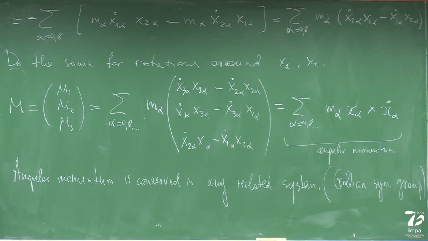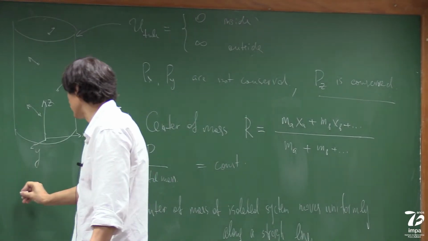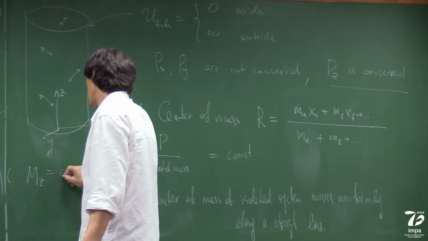So already you can see that in this configuration, of course, symmetry for rotation with respect to x and y axis is broken. But we still keep the symmetry with respect to z axis. So we already can just say that whatever interaction you have, Mz is conserved.